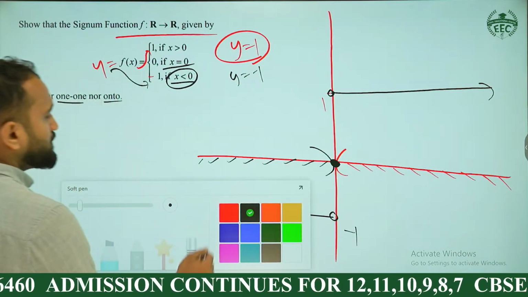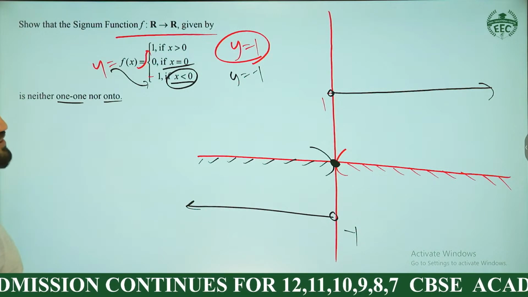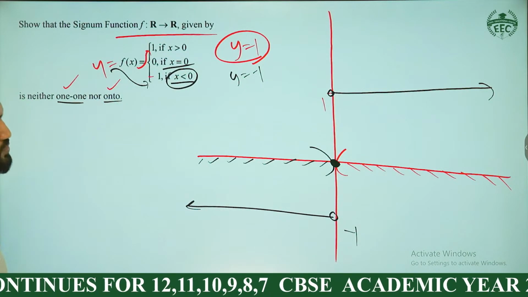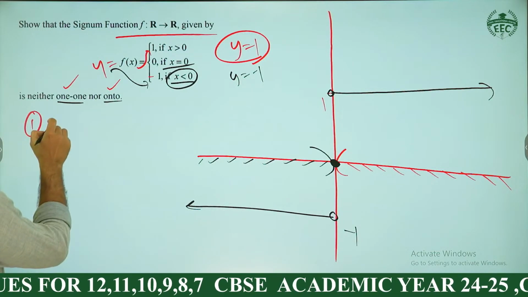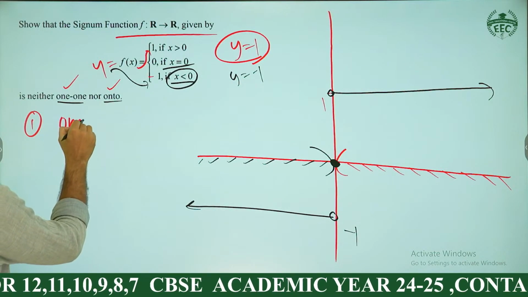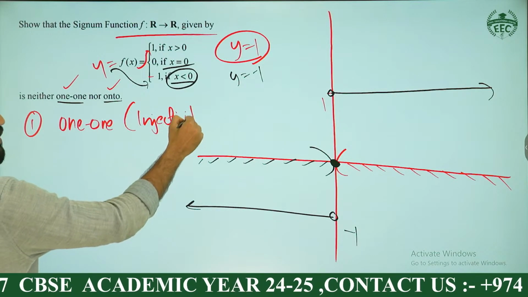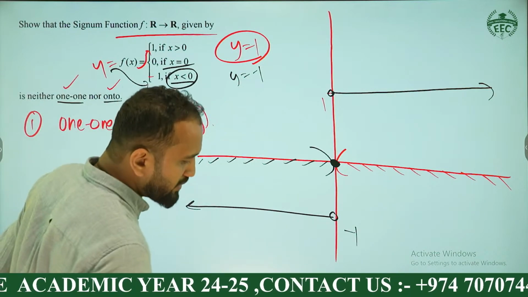Now, the question is whether the function is 1, 1 or onto or not. So checking the condition of 1, 1, also known as injectivity. People, tell me what is the rule of 1, 1 or injectivity?